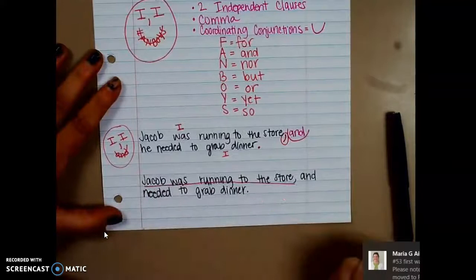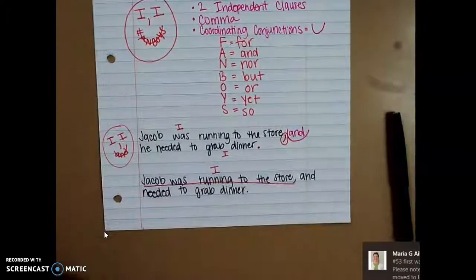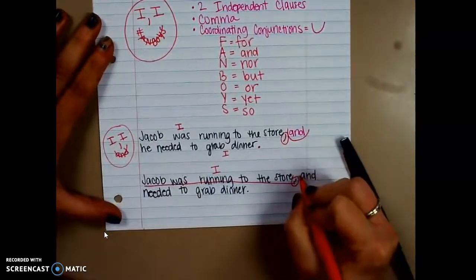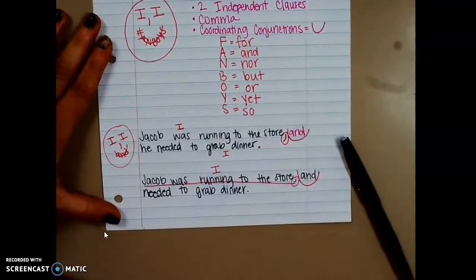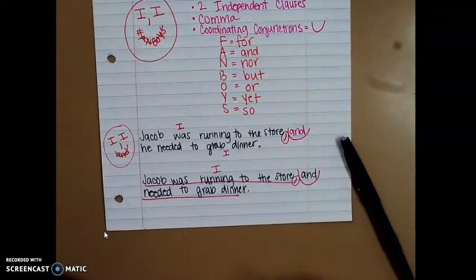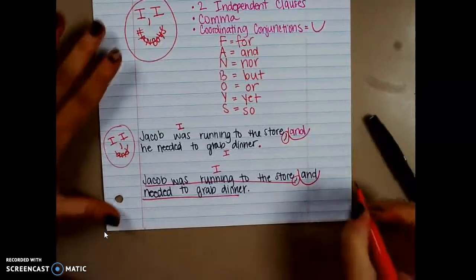Jacob was running to the store. I have a subject, a verb, and I completed a thought. Okay, I'm going to circle my comma, smiley my "and," or make a smiley in the air. And then I'm going to check this clause here. Needed to grab dinner. So let me start over here.